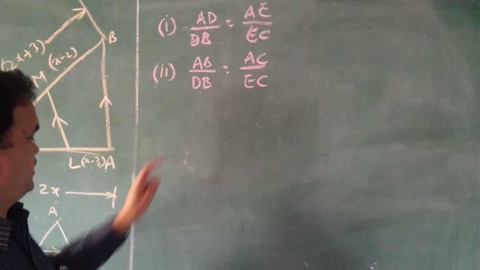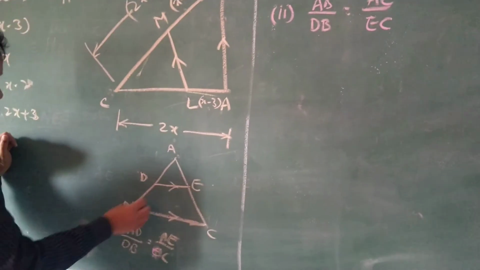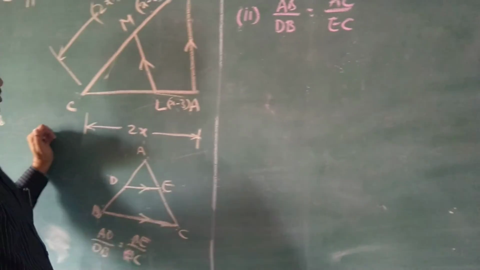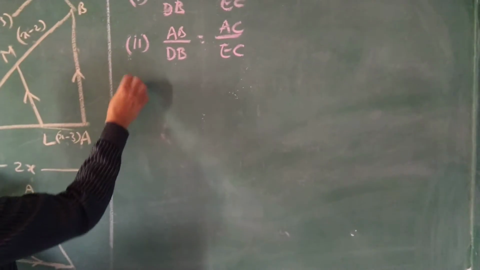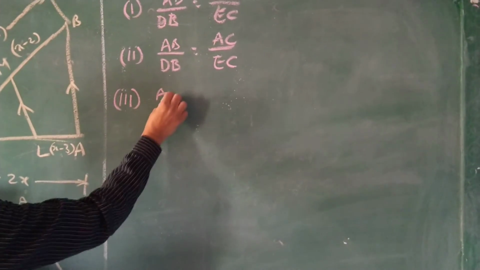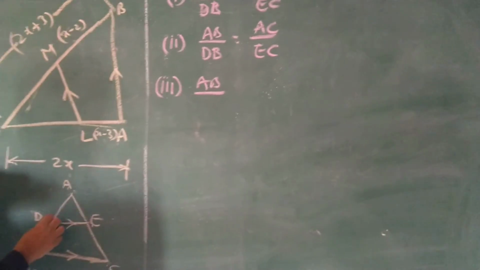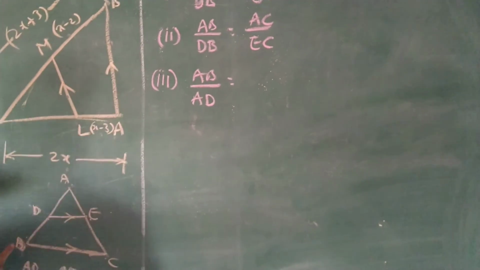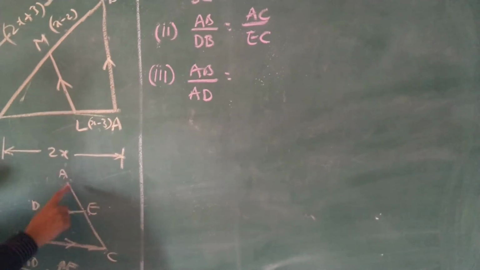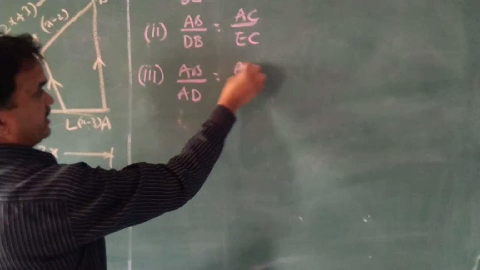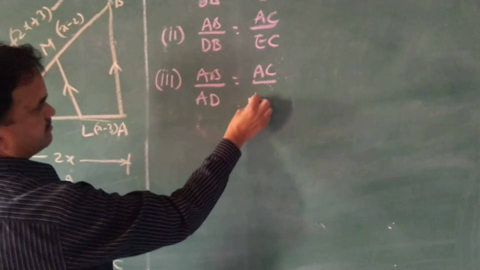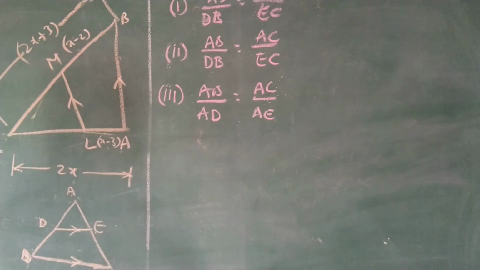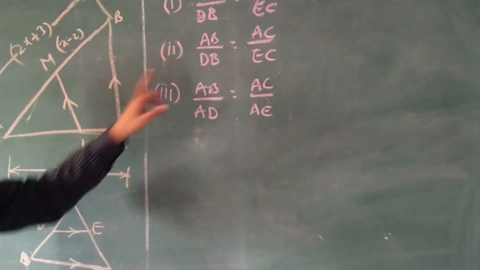By this you will get AB by DB is equal to AC by EC. Next, the third point: AB by AD is equal to AC by AE. You will also get this. By applying this, you will solve this problem.